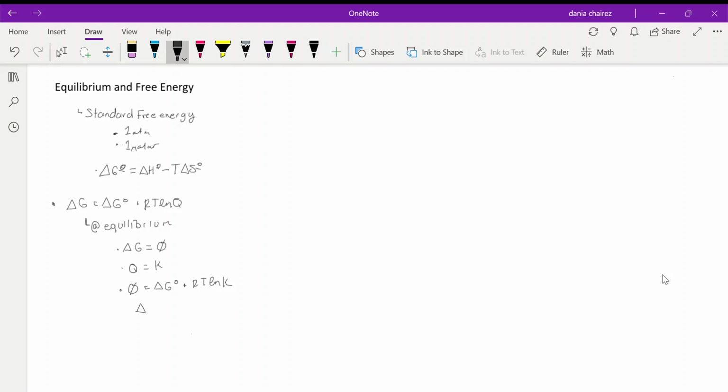So we can rework our formula to say delta G naught is equal to negative RT ln of K.